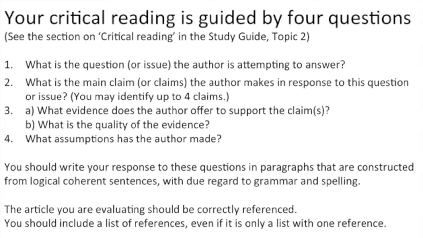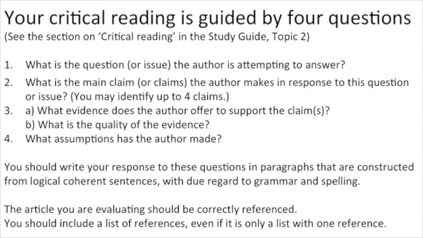And so that's the second question: what's the main claim, or what are the set of claims that the author makes in response to the question or the issue they're writing about? The next question is, what sort of evidence do they offer to support those claims? And is it good evidence or not? As you answer those questions, you might think also that perhaps in this piece of writing there's some bias, or some things missed out, or that the author makes some assumptions along the way.